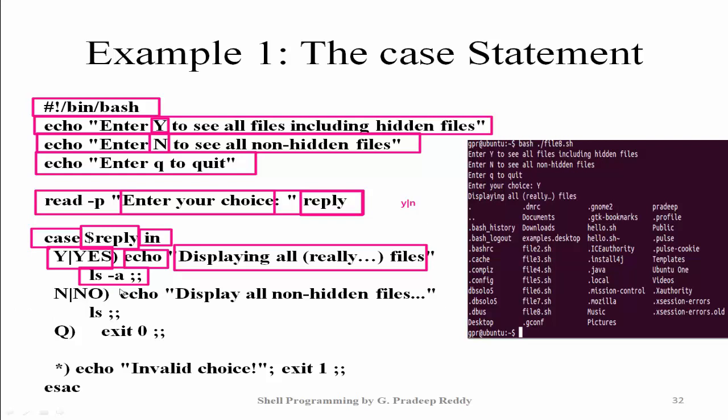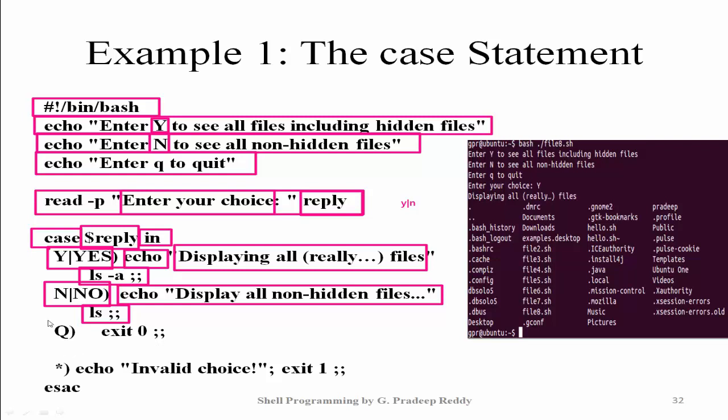So now it is going to execute a shell command. Next one is n or no, echo display all non-hidden files, where it is going to run the normal ls command, which is ended by double semicolon, so that it lists the non-hidden files.